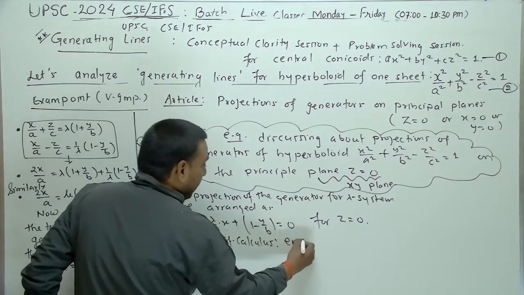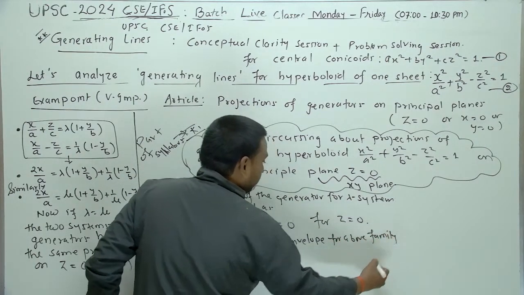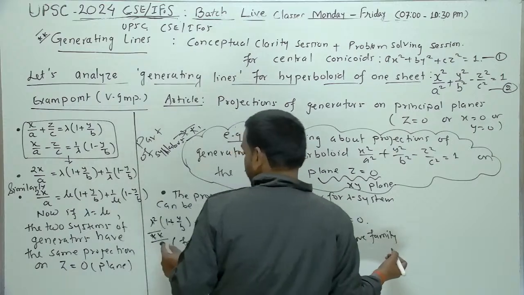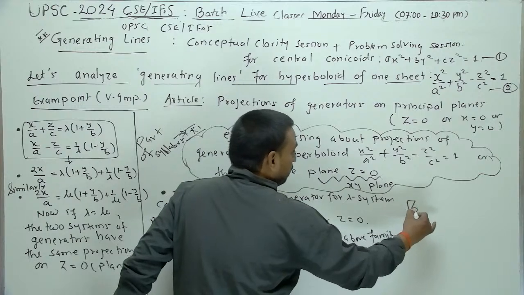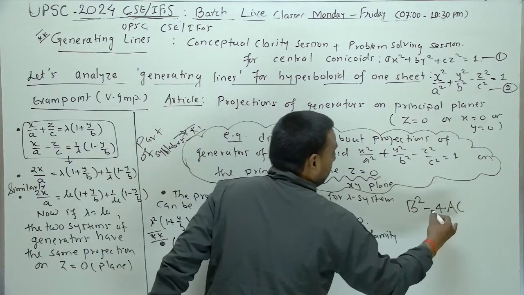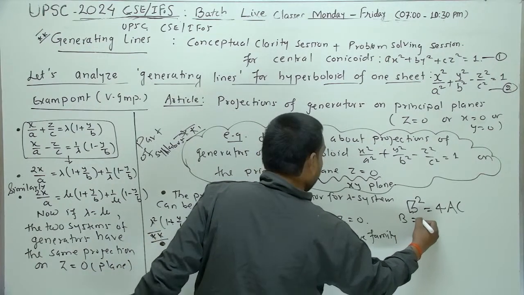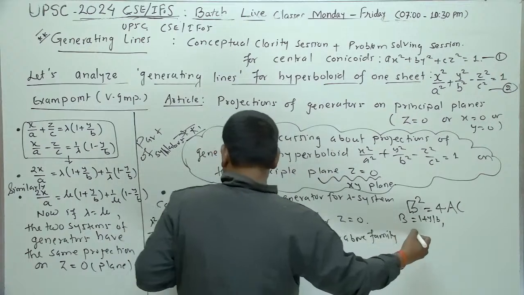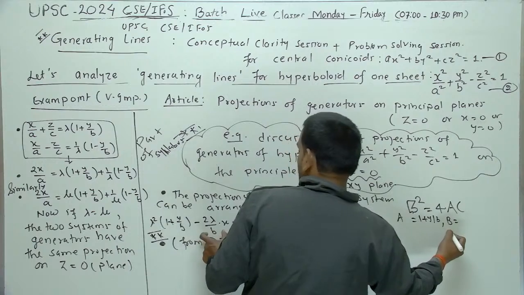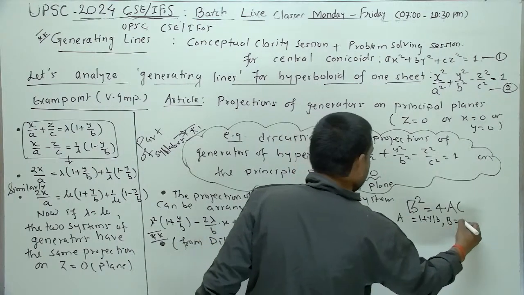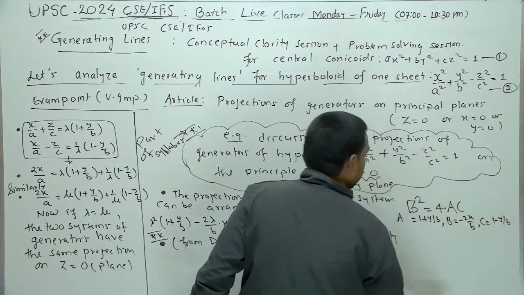What is the envelope for the above family? I will tell you what the envelope is. For the above family, this is a quadratic equation in lambda, so you will have B square equals 4AC, where A is the coefficient of lambda square, B is the coefficient of lambda, so minus 2x upon a, and C is the constant term, that is 1 minus y upon b.